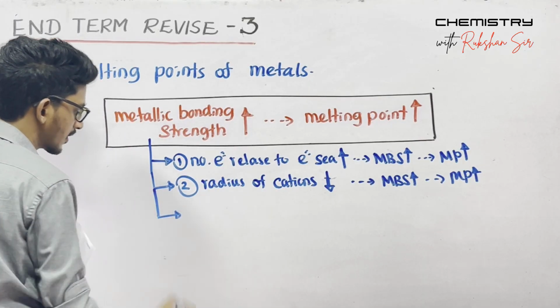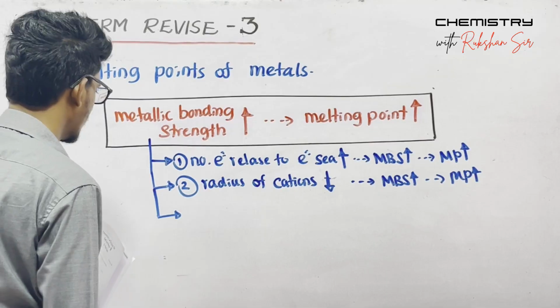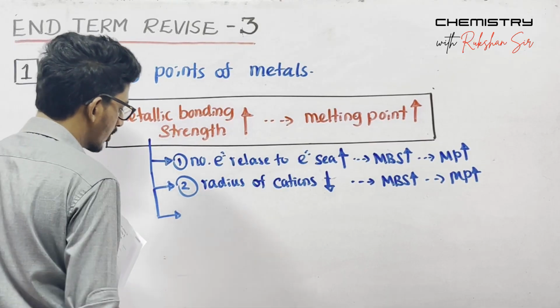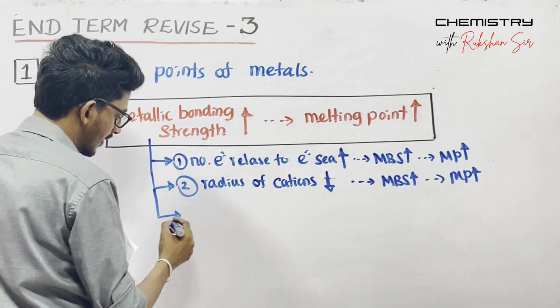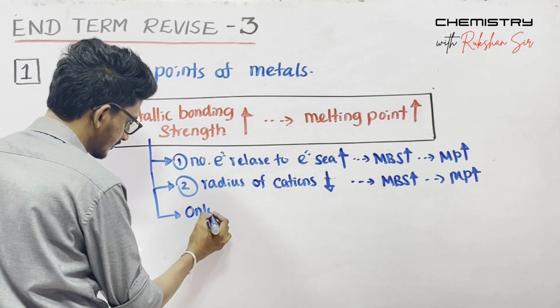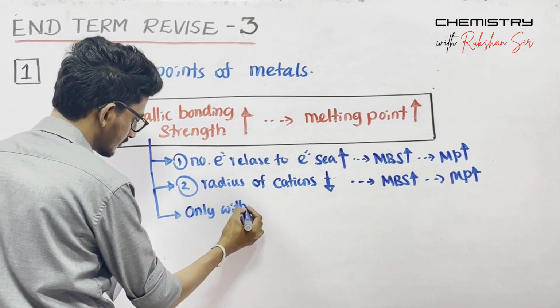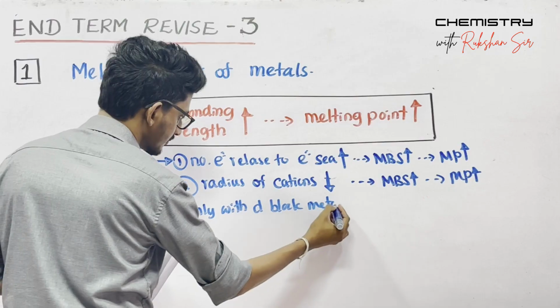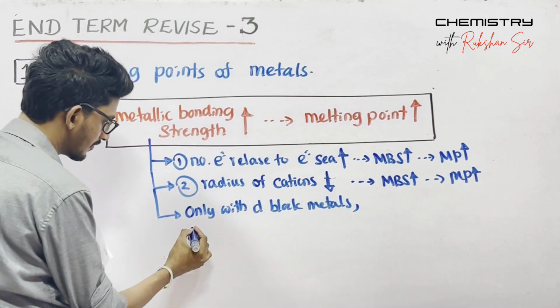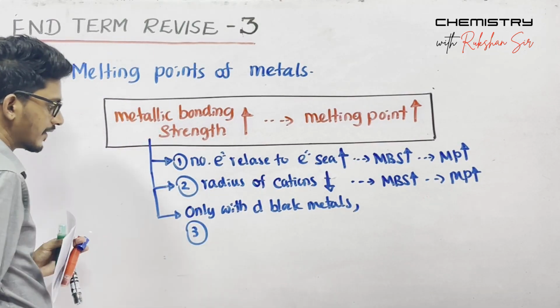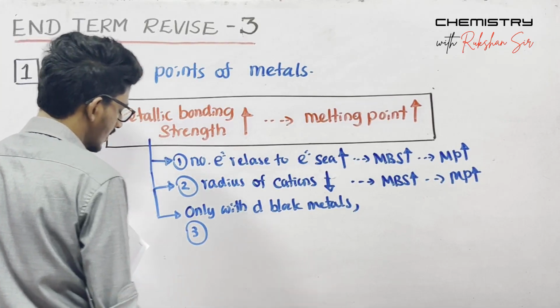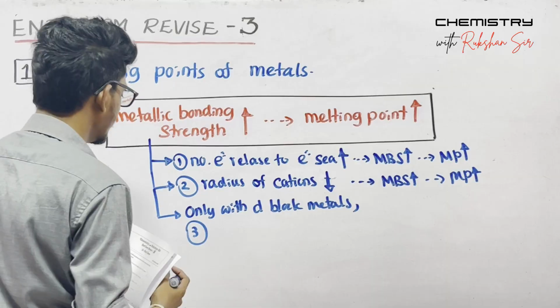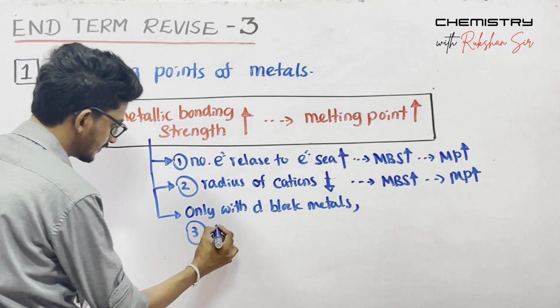When considering d block metals, only with d block metals we have to consider the third factor, that is the ionization energy, the ionic nature.